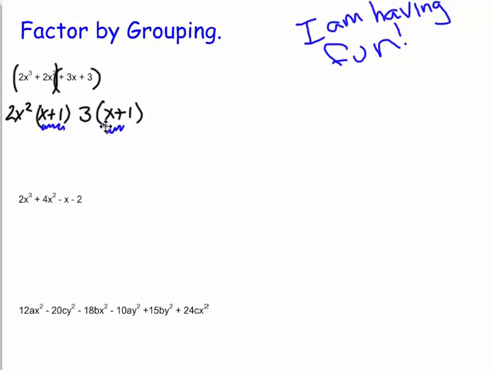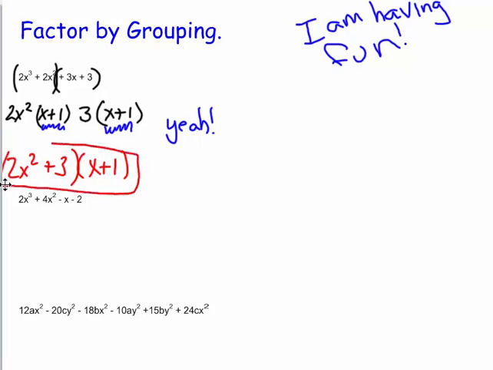If these are the same, then we have success. Now we get to write the final answer. Final answer is 2x squared plus 3 and x plus 1, using our parentheses correctly. And there, that is factor by grouping.